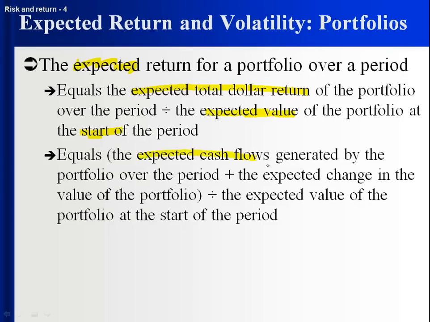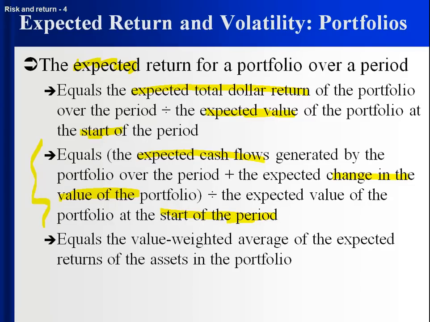It's the expected cash flows, the expected coupons, the expected dividends, the expected cash from real estate, any other kinds of expected cash flows for different kinds of assets, plus the expected change in the value of the portfolio, the value at the end minus the value at the beginning, divided by the value that's expected at the start of the period. So again, very analogous to what we did with an individual asset, but now it's a portfolio.